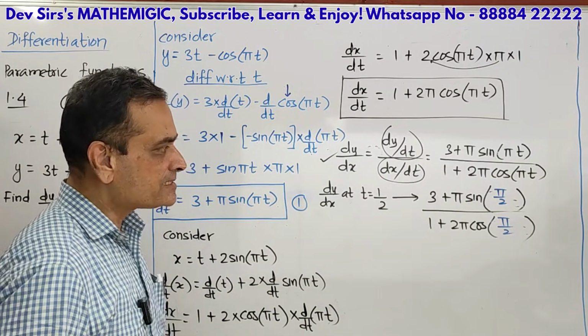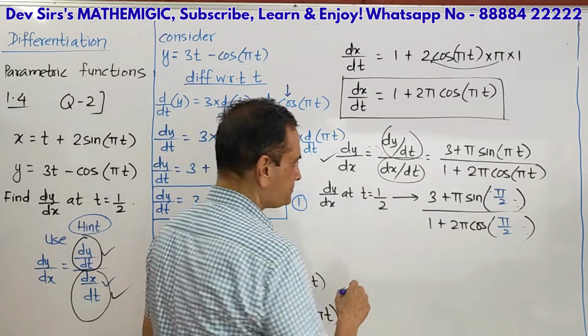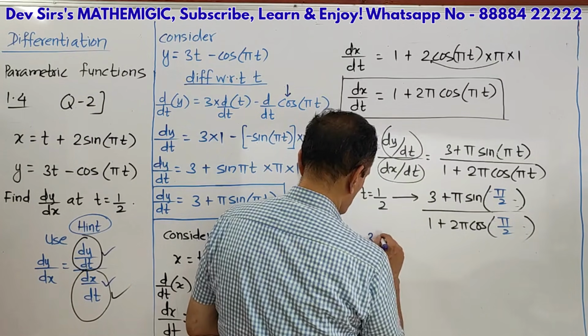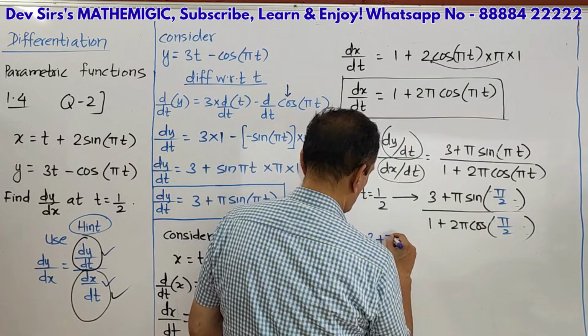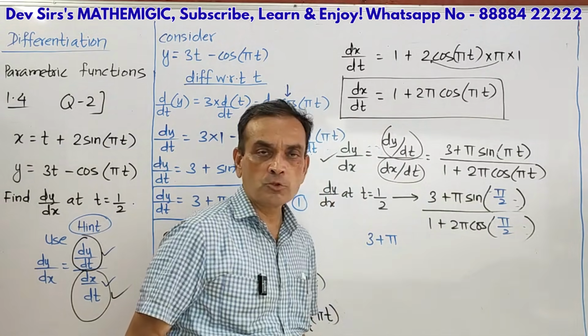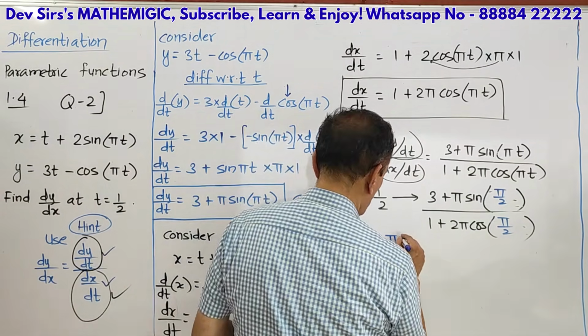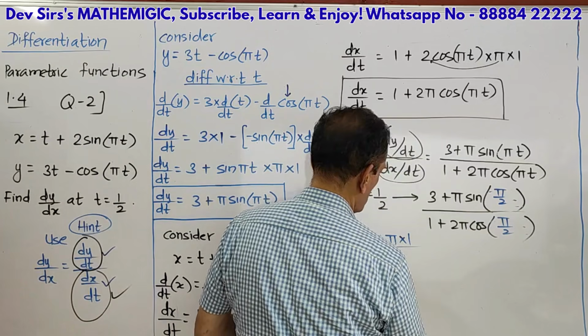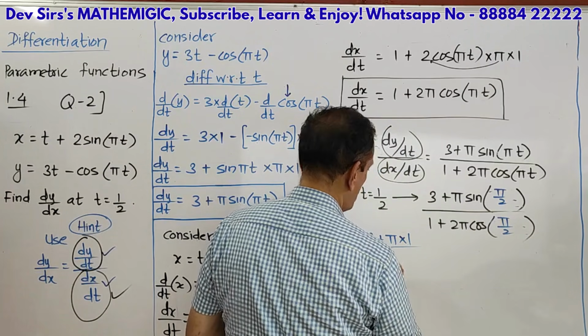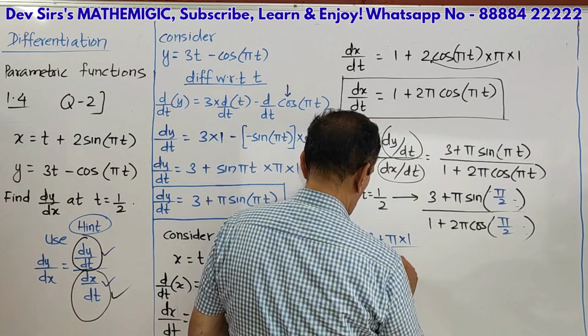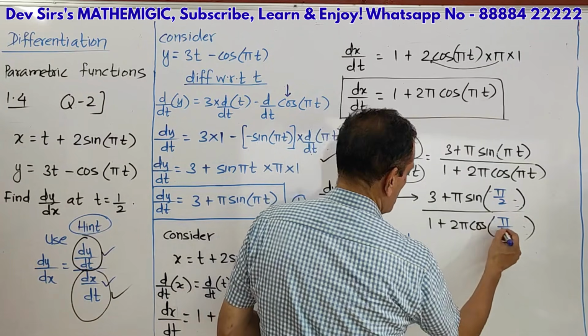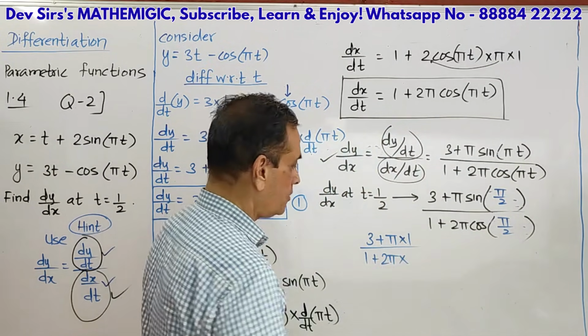So what do I get as the answer? Sin pi by 2, sin 90 is 1 as we know. Cos 90 is 0.